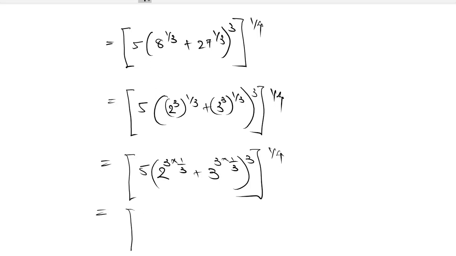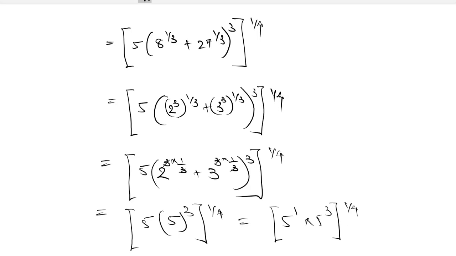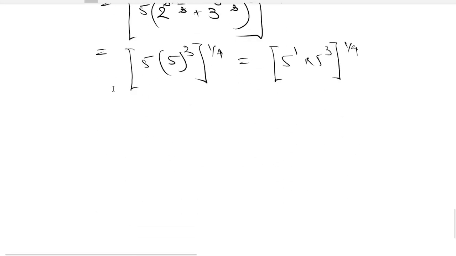Right? So this will become 5, this 3 and 3 will cancel. So 2 plus 3 is 5. The whole cube, the whole raised to 1 by 4. That is, in the square bracket, you get 5 raised to 1 into 5 raised to 3. The whole raised to 1 by 4. Now you're going to get the answer, right?